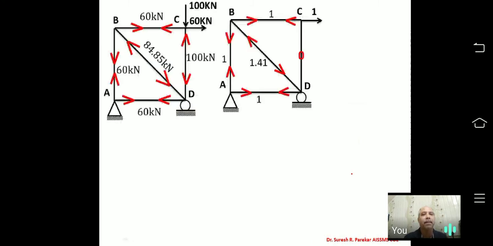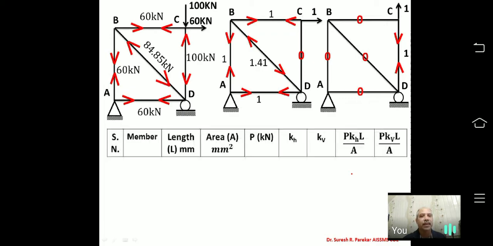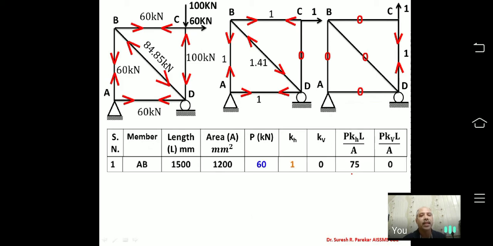We have shown these forces in the main diagram, and now we are interested to determine PKL. So first we have the P forces, second we have KH, and third we have KV. Now we will go to the table. Then we have first all these values: KH, KV, PKH L upon A, PKV L upon A, and then we mark values in all the members.